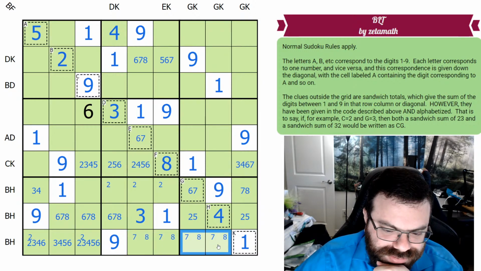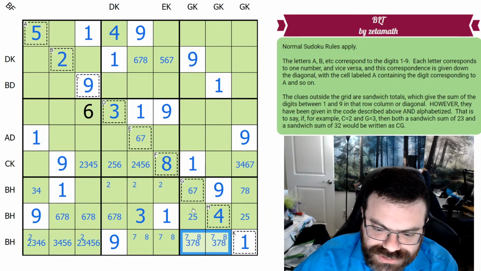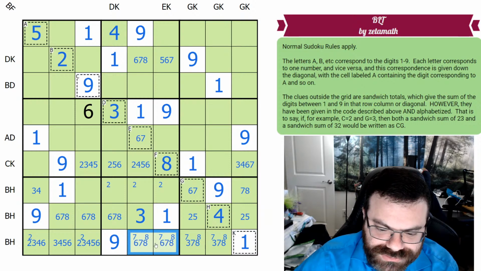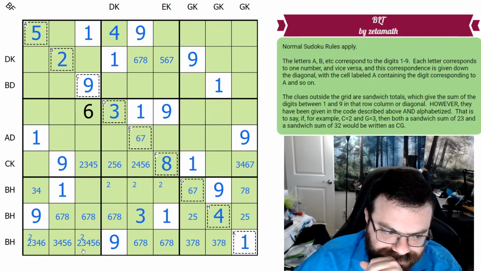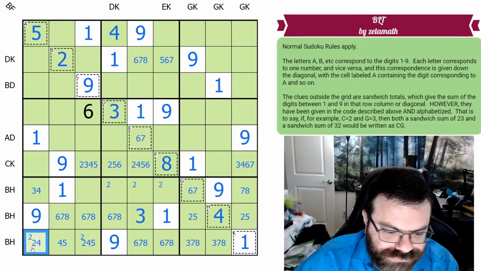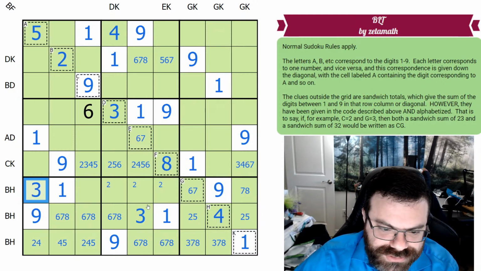I see. Yeah, this is 3, 7, 8. This is 6, 7, 8. Gives us this 2, 4, 5 triple. So this is 3. That makes this an 8. That was most of the options, being 8.